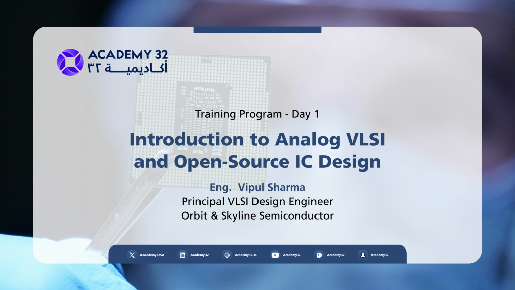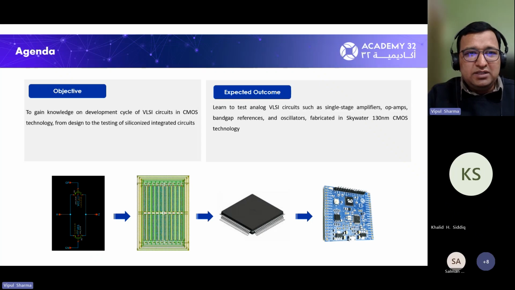Okay, so let us start. What is the basic objective of this training? The basic objective is to gain knowledge of VLSI circuits: to understand what VLSI design is, what CMOS technology is, and what semiconductors are, but it's not limited to that.